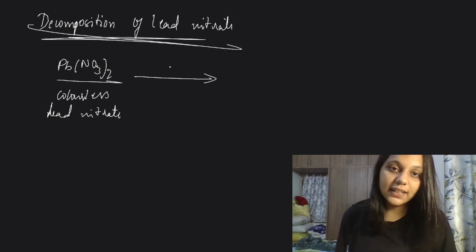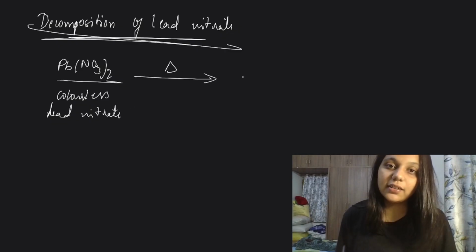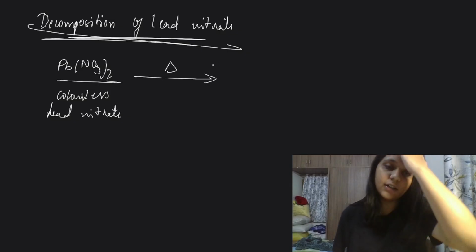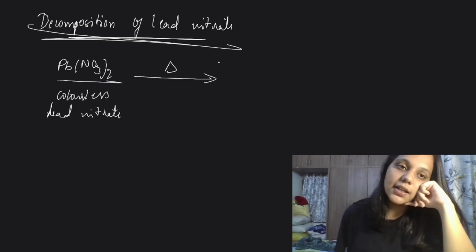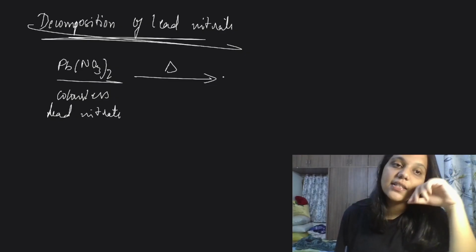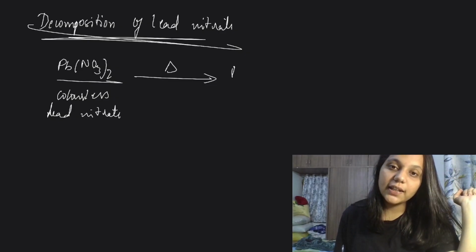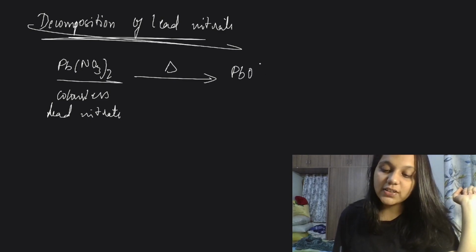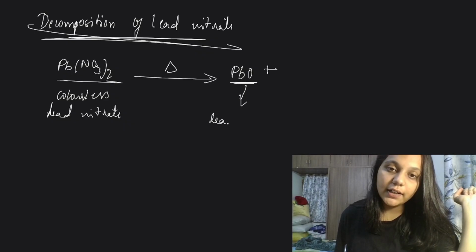So when it is heated, when I give some amount of heat here, thermolysis is happening here, what I get as a product, I get lead oxide, है ना, lead oxide we will call much more clearly as lead monoxide.